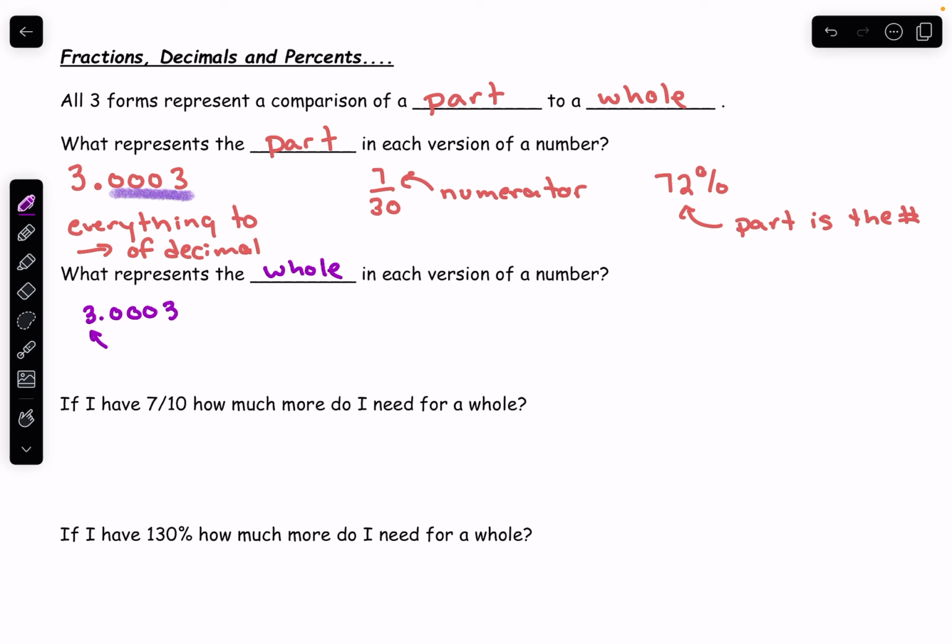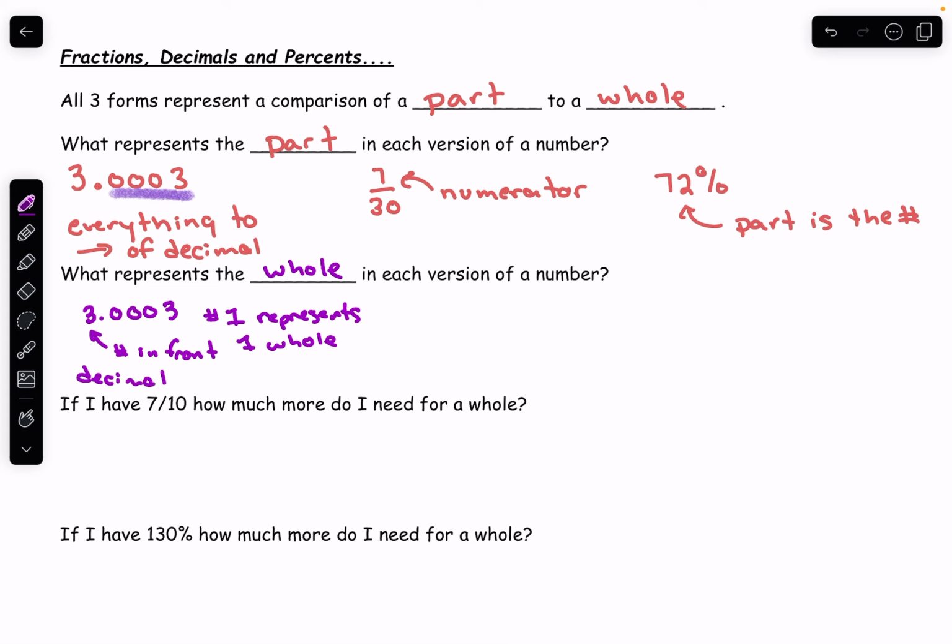But the number 1 itself, so the actual number 1, represents 1 whole. All right, so the number 1 represents 1 whole. So in this case, there's not a 1 in front of the decimal, there's a 3.